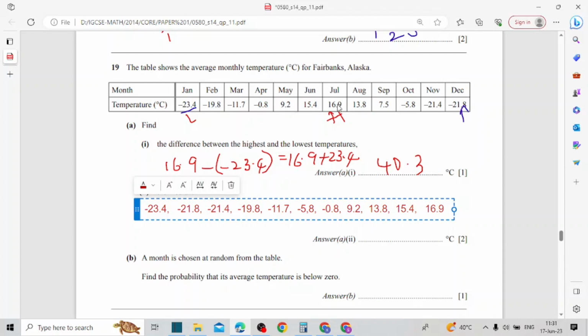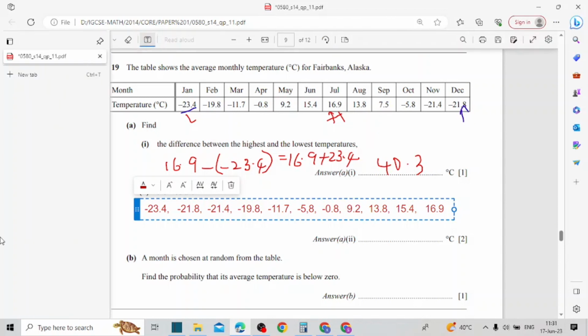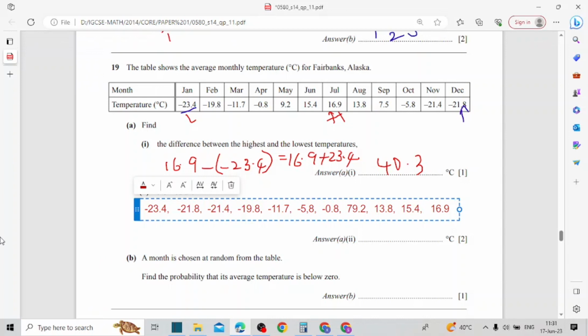1, 2, 3, 4, 5. Sorry. So 9.2. 13. There is 7.5.